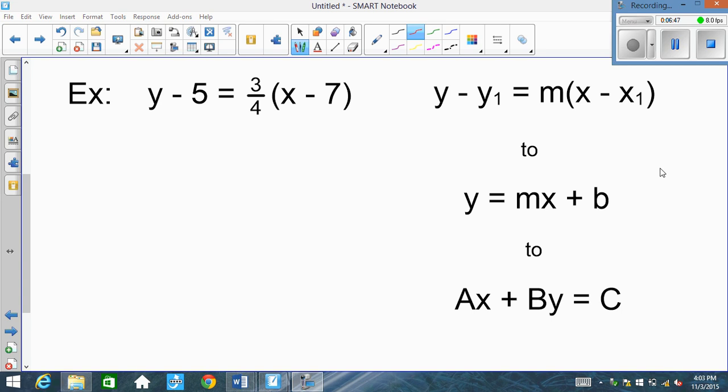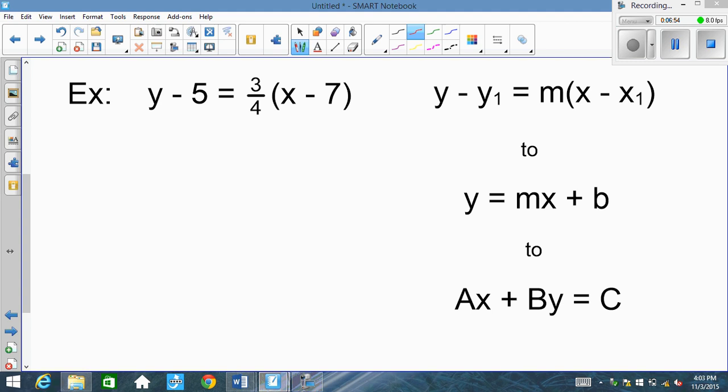Okay, so what we would need to do here is first distribute, just like we did before. We will say y minus 5, distribute the 3/4 times both of those, so that'd be 3/4 x, and 3/4 times 7. I'm just going to multiply and leave it as a fraction, so that's going to be 21/4.